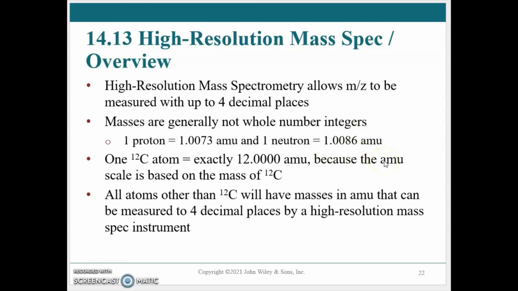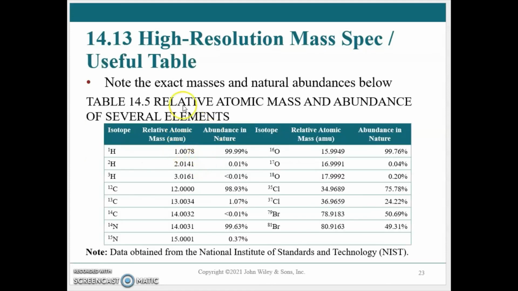Our atomic mass scale, we've established carbon as having 12.0000 AMUs, because that AMU scale is based on the carbon-12 isotope, and every other atom's mass is relative to this.